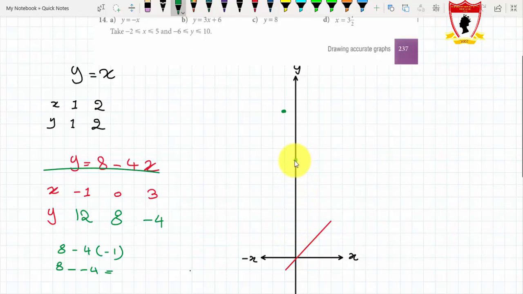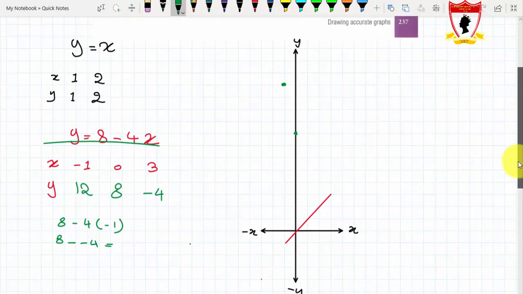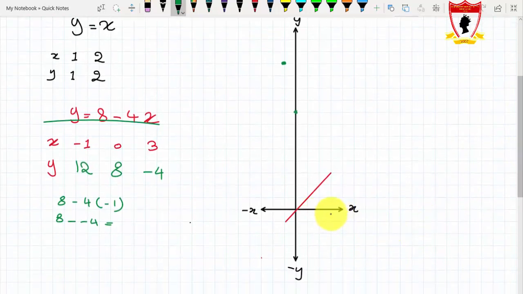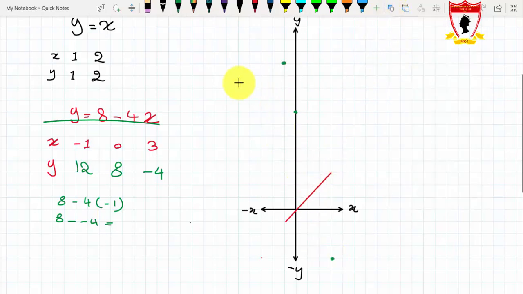This is the second point. And the third point is 3, negative 4. 3 is here, negative 4 is right here. Now all the 3 points must line up on a straight line. Here you go. This is the second line.